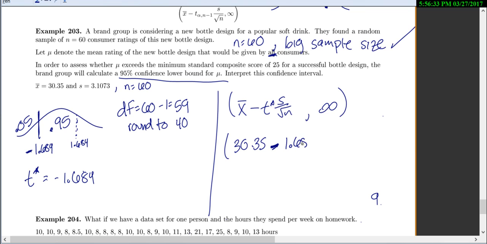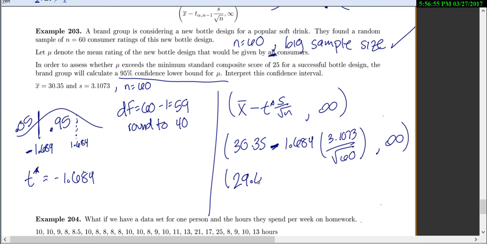So 1.684. S is 3.1073 and square root of 60. And infinity is my top bound. So we're going to get 29.67 to infinity.